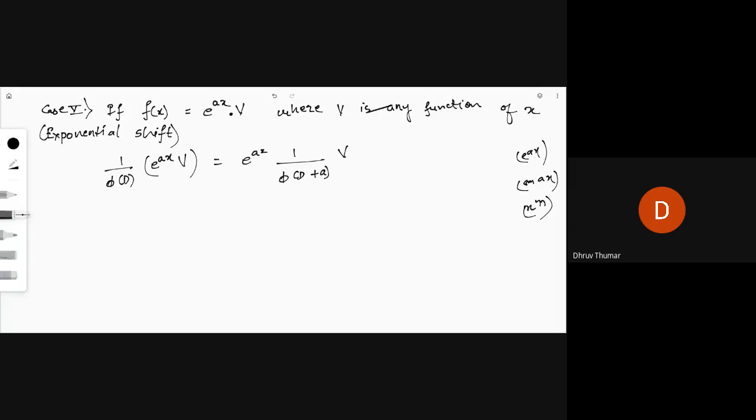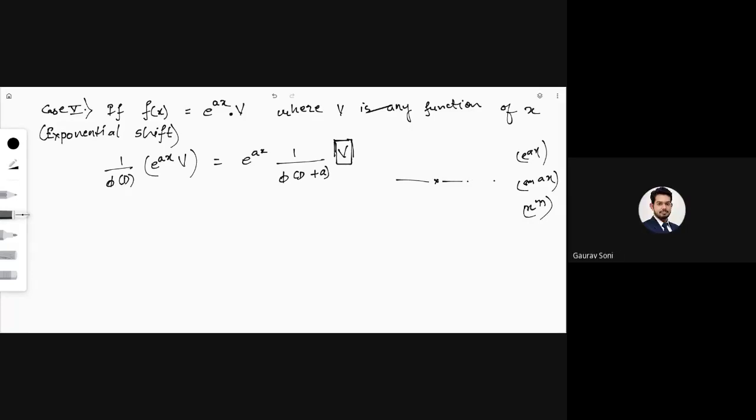We will add plus a, then we will use the case 1 e to the power ax. Whichever v is, v is not defined. So which case is to be used later? That will depend on v. What is v? Accordingly, we'll use the other case. But what we are doing in this rule? What is special?